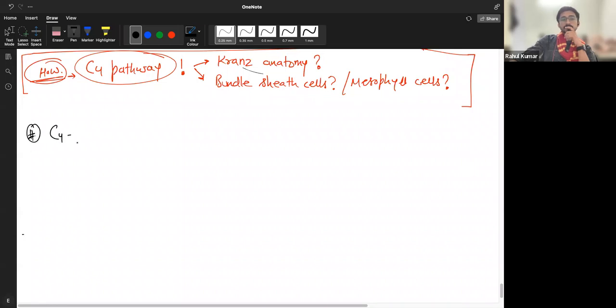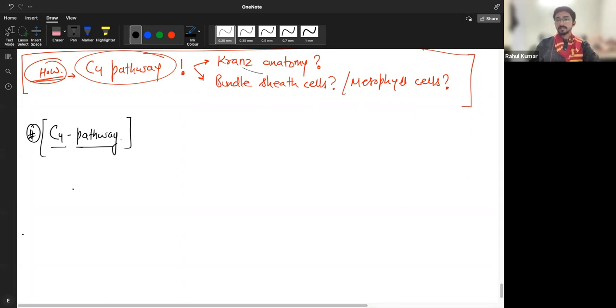So let's talk about the C4 pathway today. And as you told, the C4 pathway is present in the plants that are adapted for dry conditions.